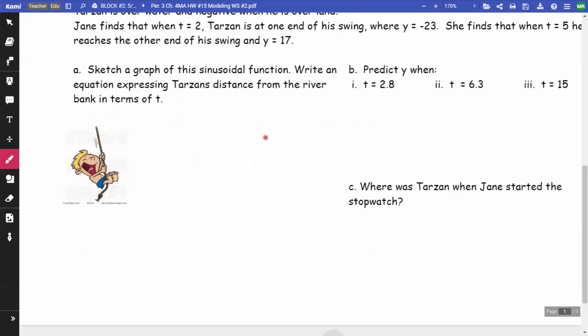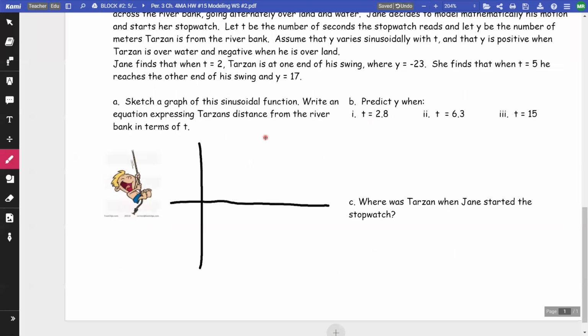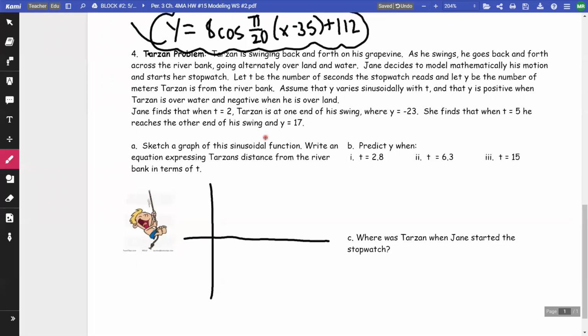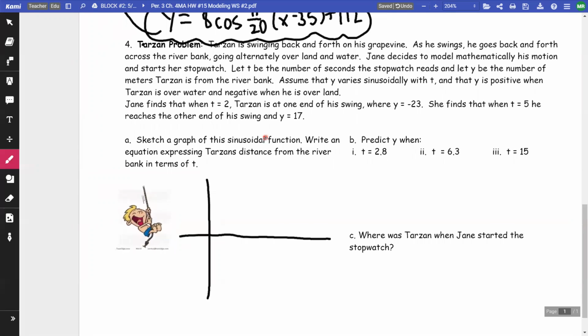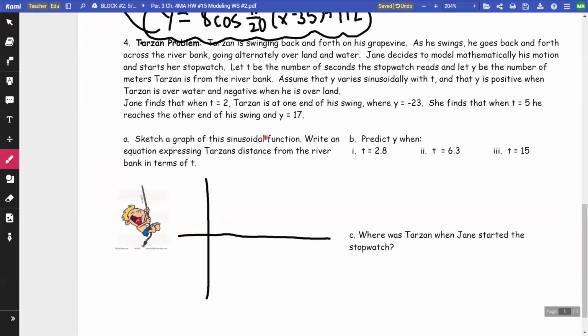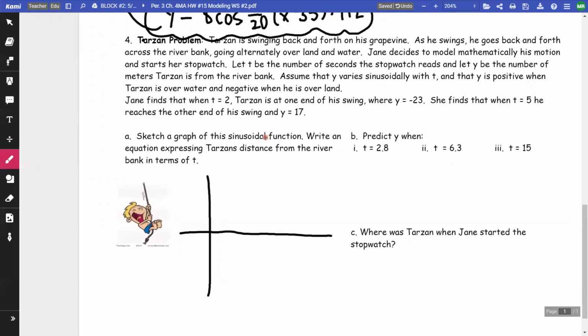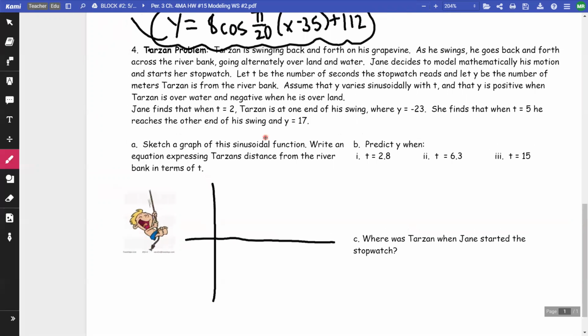Okay, so let's see. Let T be the number of seconds from the stopwatch.